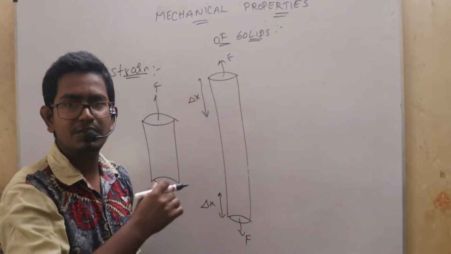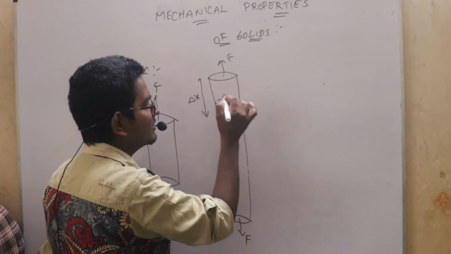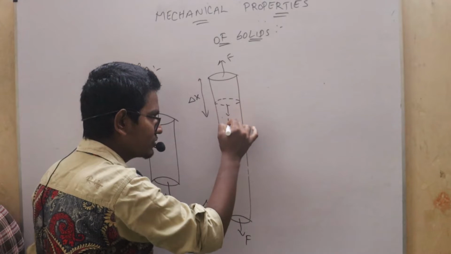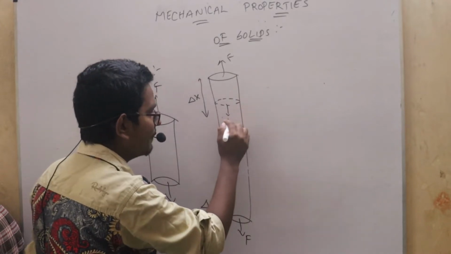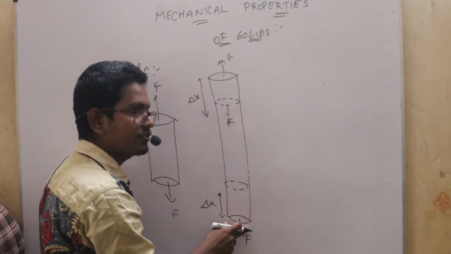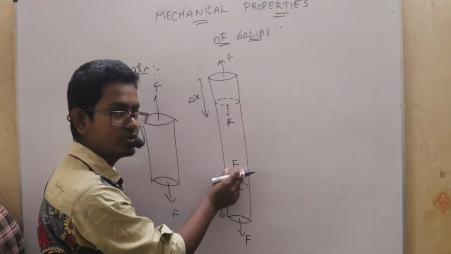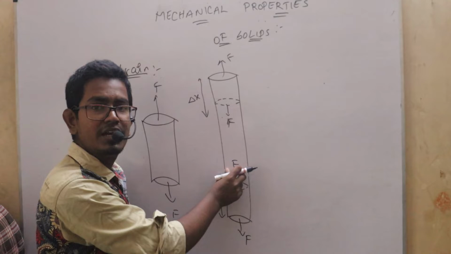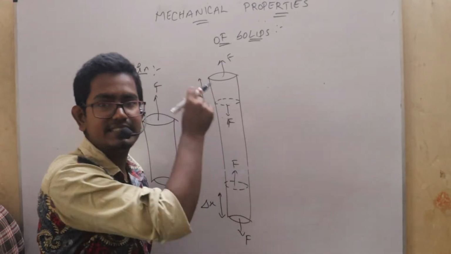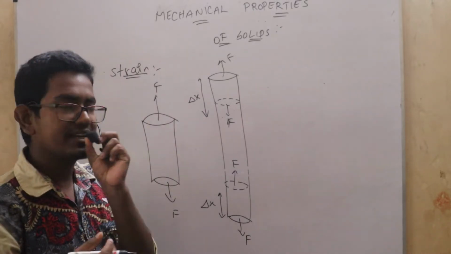Whenever I apply deforming forces on an elastic object, a restoring force will get generated exactly opposite to the deforming force, which will try to bring the elastic object back to its original size, as we studied already in the earlier classes.